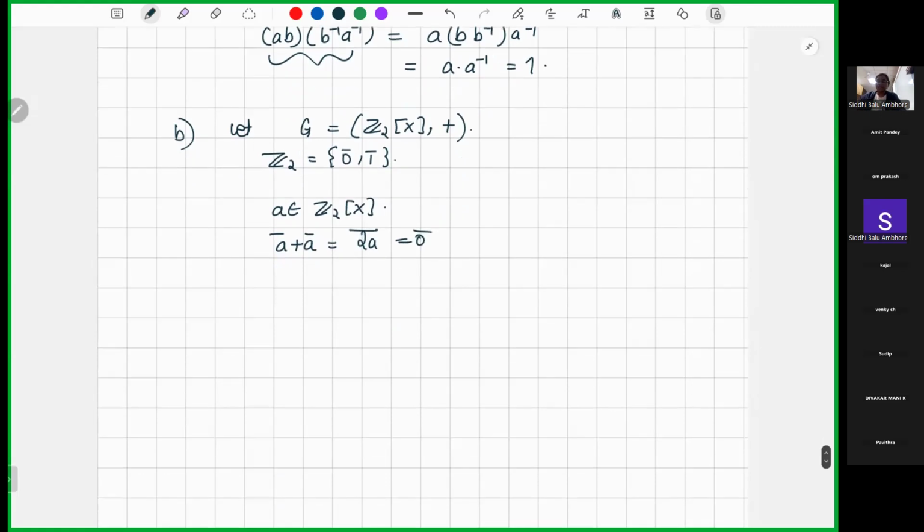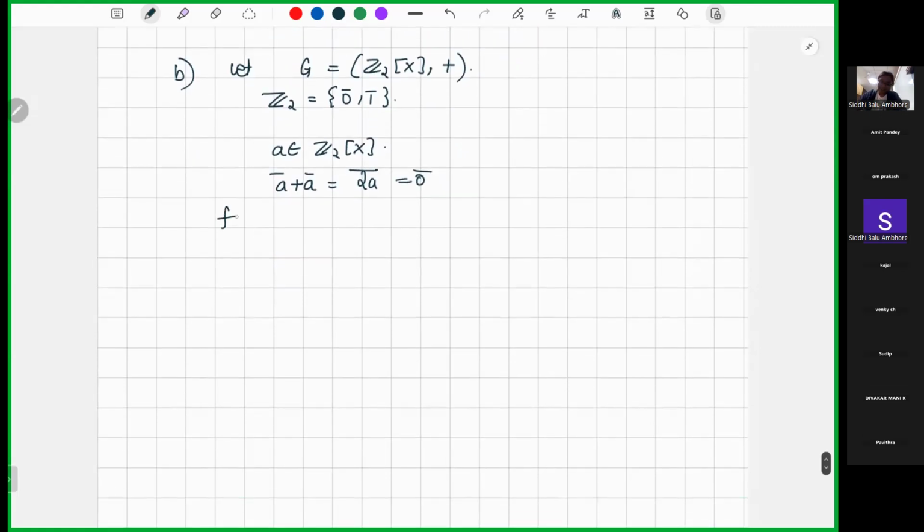Is this understandable? If not, let me take this. Let f(a) be equal to a0 plus a1 x plus a2 x square and so on, up to ak x power k, in Z2[x]. Then what is A plus A?